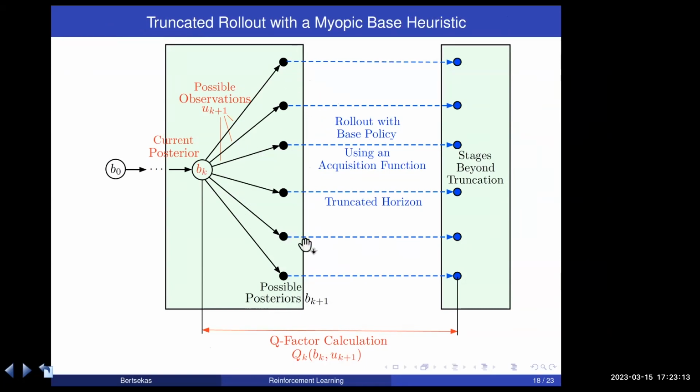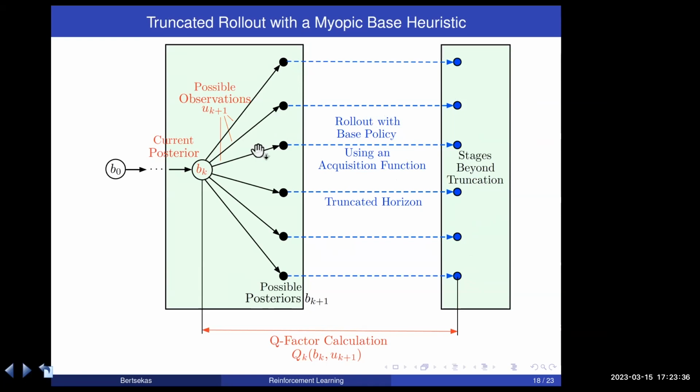And then from the leaves of the tree, we do rollout simulation with the Bayes policy, the acquisition, the myopic policy, and perhaps truncate after a number of stages. All the studies that I have seen truncate after 4 or 5 stages. They look 4 or 5 measurements ahead.